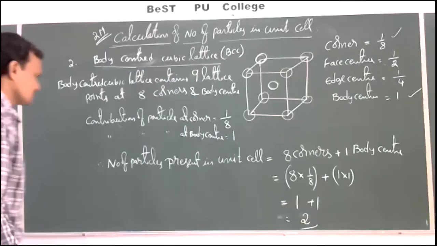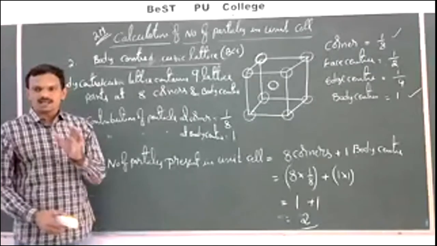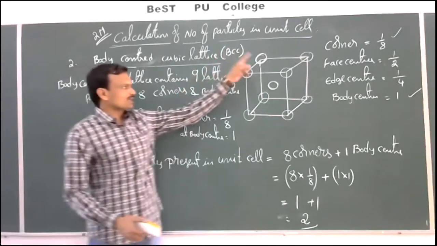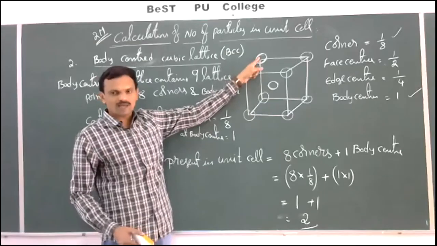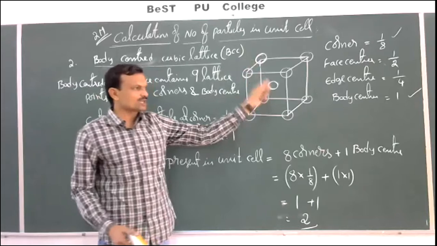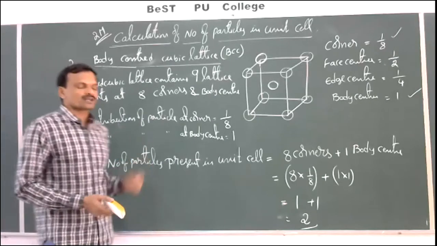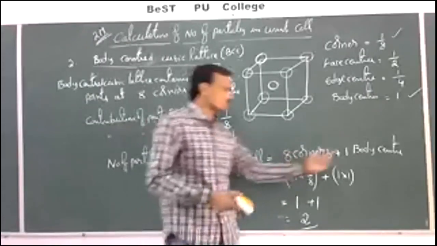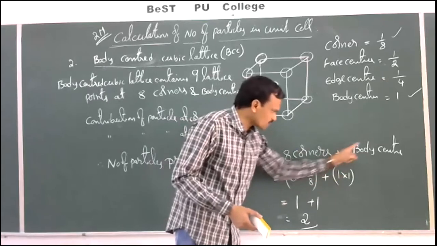See once again. A body centered cubic lattice contains 9 lattice points, that is at 8 corners and 1 body center. Corner contribution 1 by 8 and body center contribution 1. Now the number of particles present in the unit cell is 8 corners and 1 body center. So 8 into contribution 1 by 8 plus 1 into contribution 1.